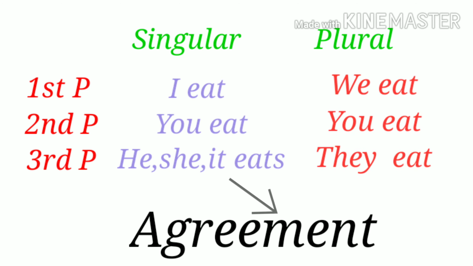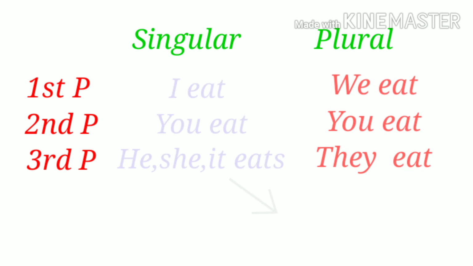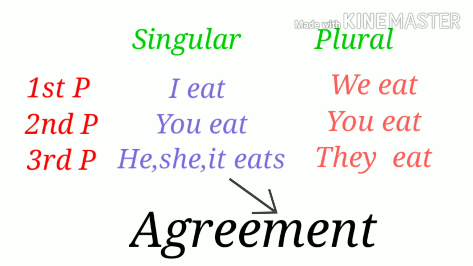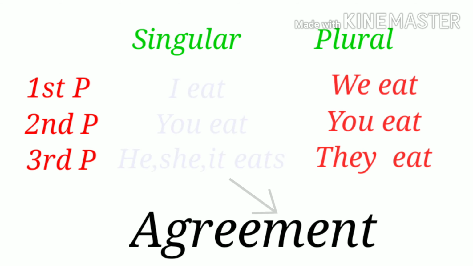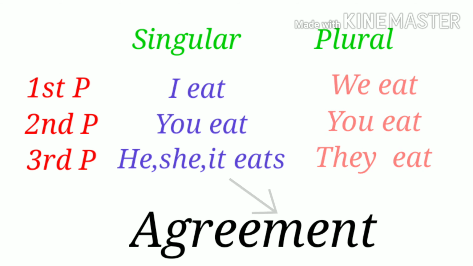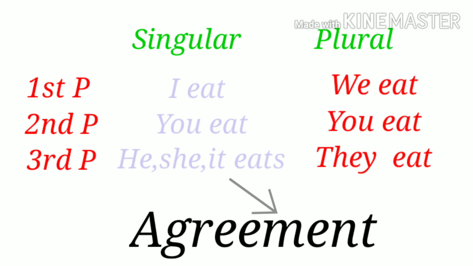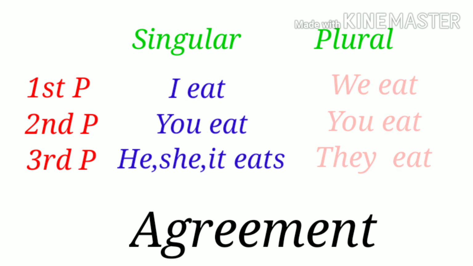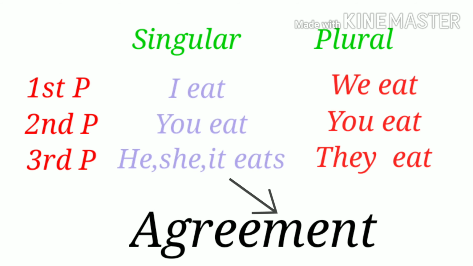Clear? Or instead of he, she, it, we can also use any kind of singular noun like Ram eats, Sita eats, Hari eats. Clear? So here the verb is used in the third person singular number in a different way. But in all the other forms of verbs, that is in the first person, second person, and third person plural number, there are no changes.